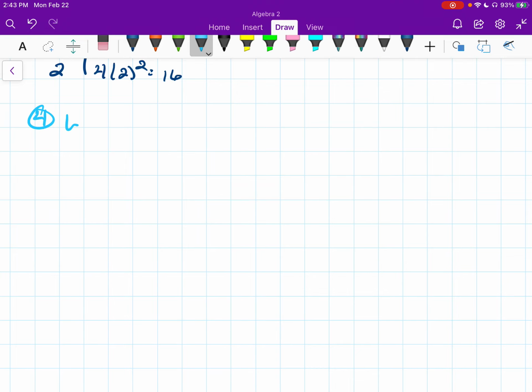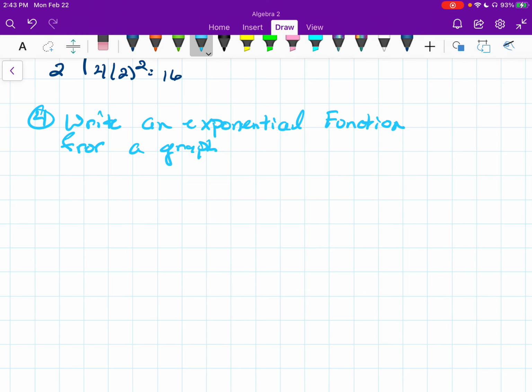All right, we're going to write an exponential function for a graph that includes 2, 2, and 3, 4.